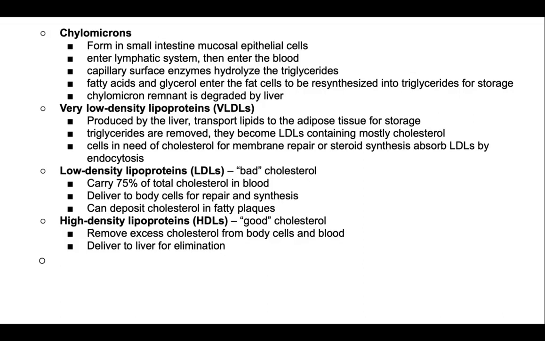So the LDLs are actually used for a good thing for the cells, but the LDLs are a lot of times considered the bad cholesterol, because if you have a lot of LDL, it means you did a lot of this drop off at the adipose tissue. It indicates more fat storage.